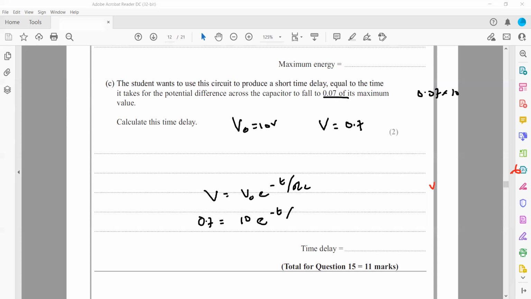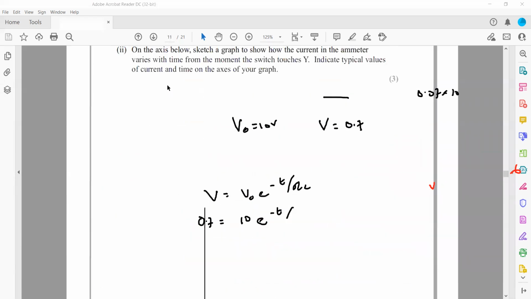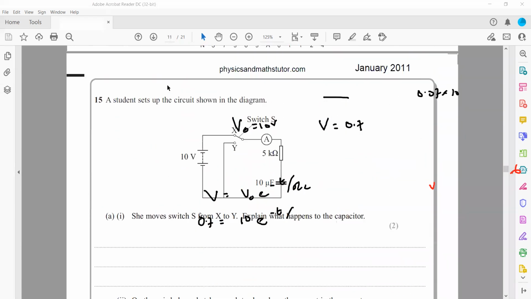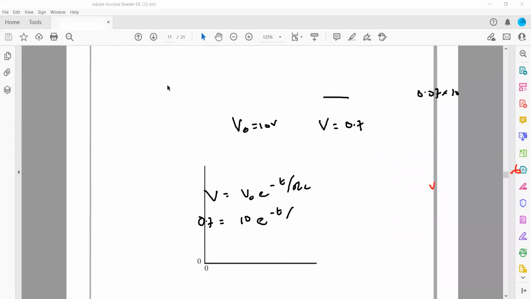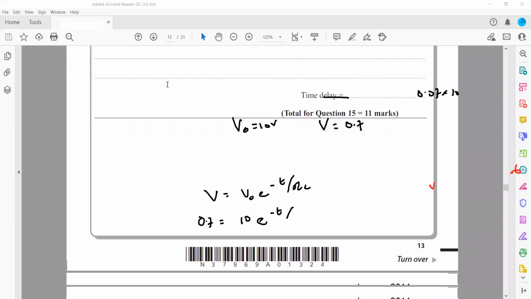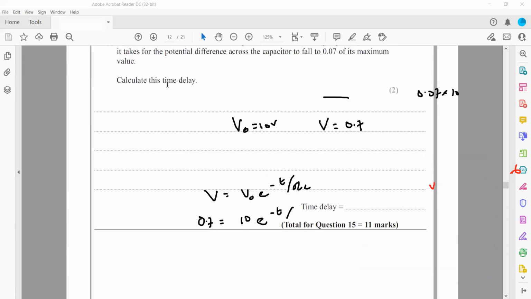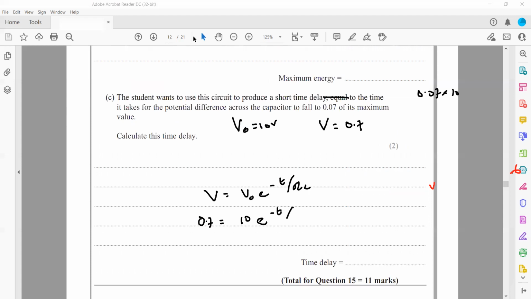R is the resistance, which is given in the beginning of the question. That is 5000, and the capacitance is 10 micro. So this will be 5000 multiplied by 10 micro.